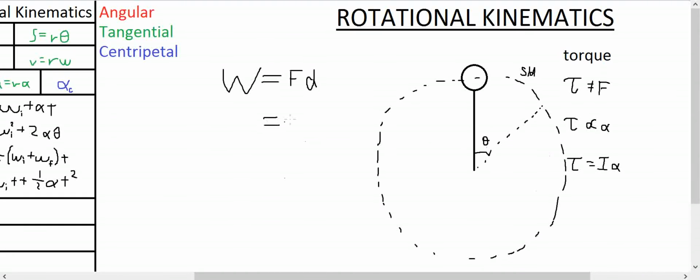So this is equal to F r theta. Torque is proportional to angular acceleration.